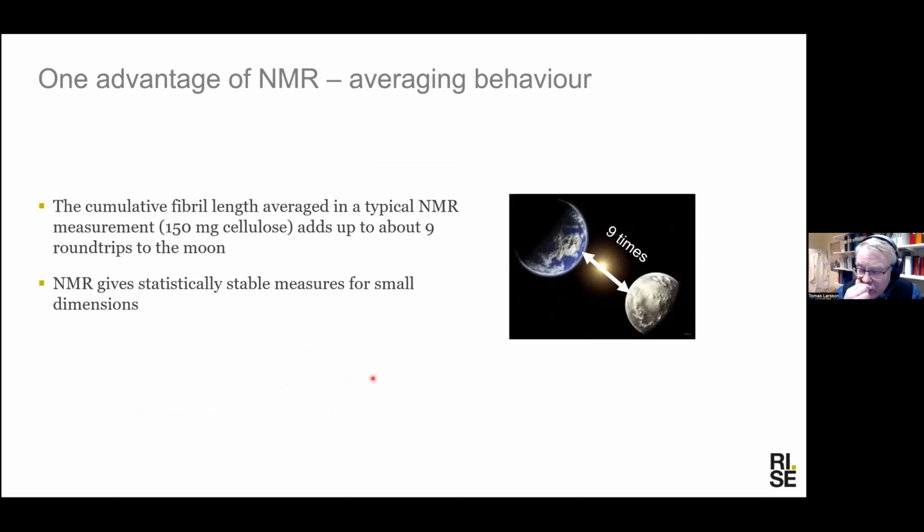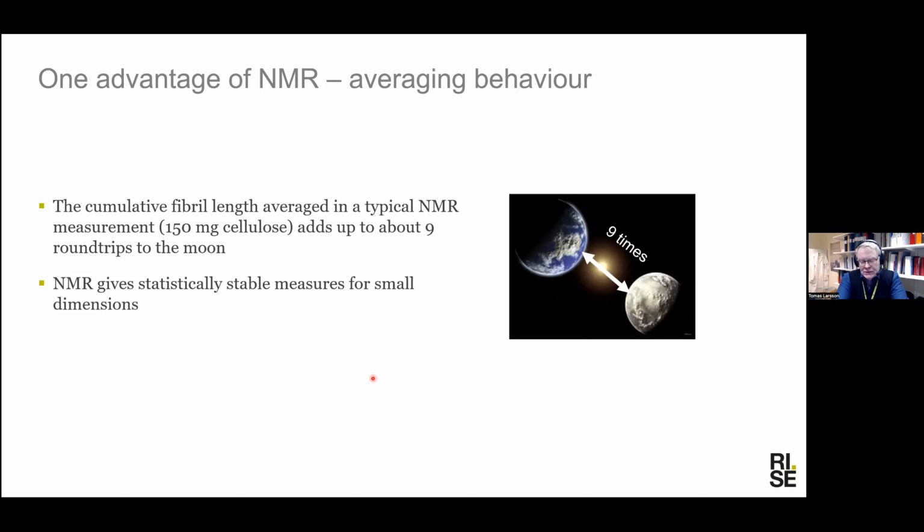And the NMR technique has many benefits, and one of them is that since it's based on a surface to volume ratio, the surface signals become, of course, relatively larger when you decrease the size. So you can get very precise measurements of small structures. And the precision you get, we can talk about accuracy, but the precision is really high.